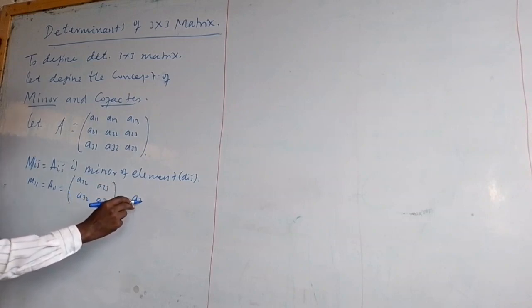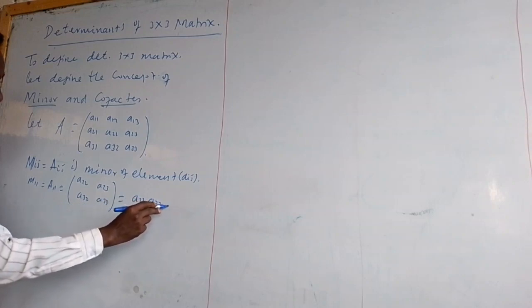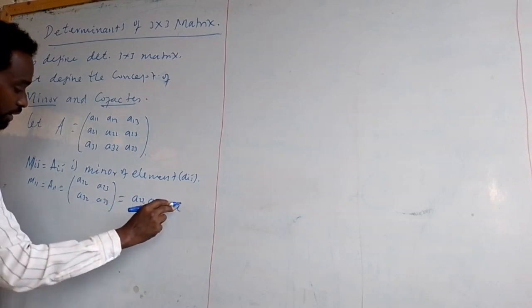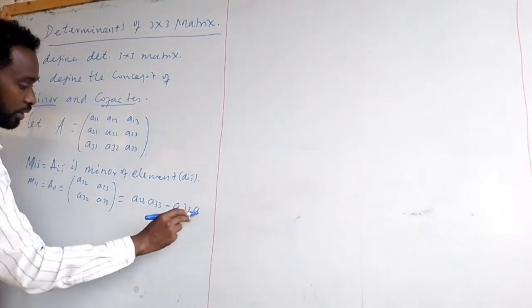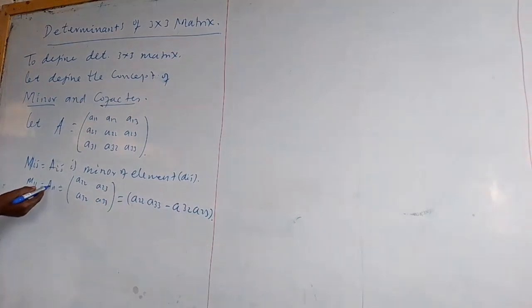The value of this is obtained by taking the difference of cross products, that is A22 times A33 minus A23 times A32. That is an example of a minor of A11.